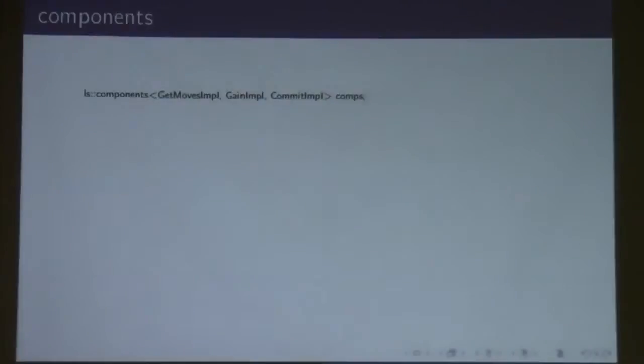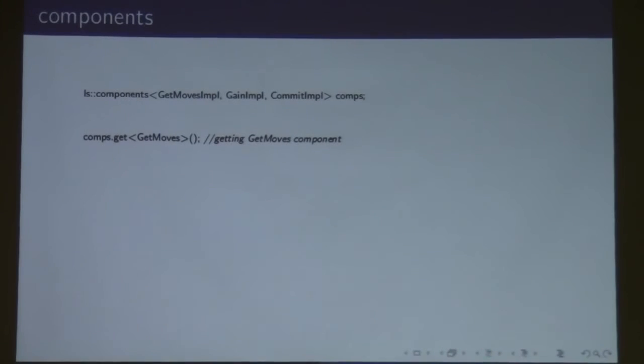We can now construct our components, providing implementations of these functors. Are you with me? Is it clear? Any questions? Just do not hesitate to ask. Here we assume that these implementations are default constructible, but this is not a general assumption. I'm just going to show you a couple of use cases, and we are done with components.